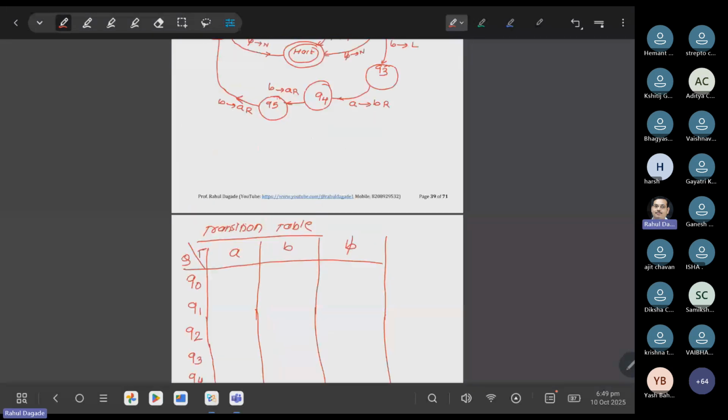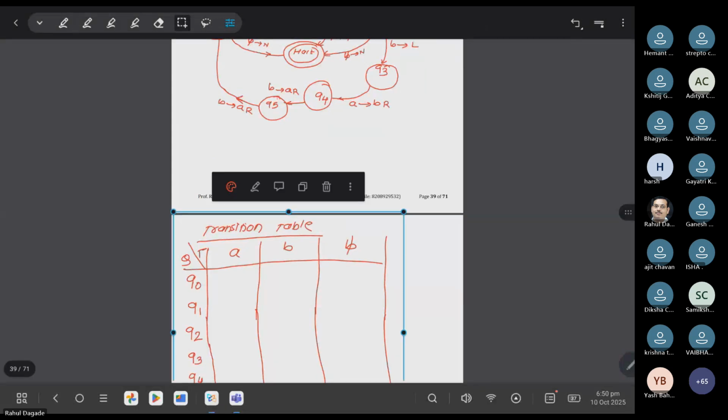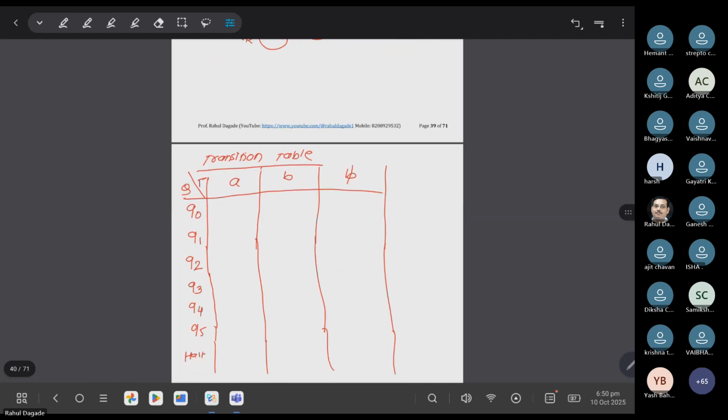So what is a Q0 state? So I'll write Q0 state here.